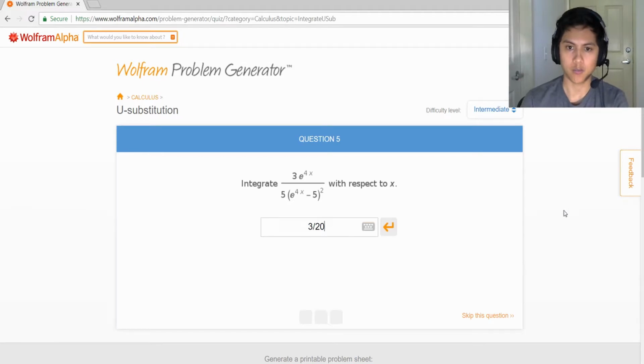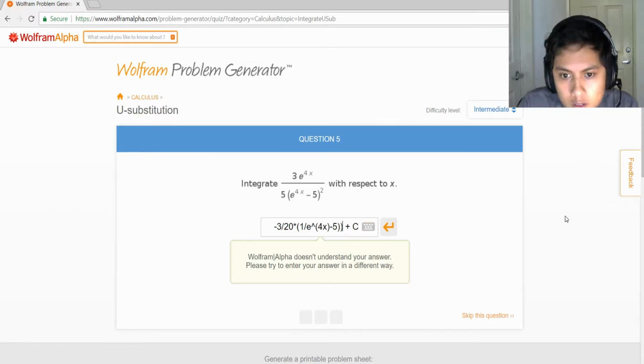And then I have u to the minus 1, so negative 3 over 20 times, let's see if I get this right, 1 over e to the 4x minus 5, right, plus c.